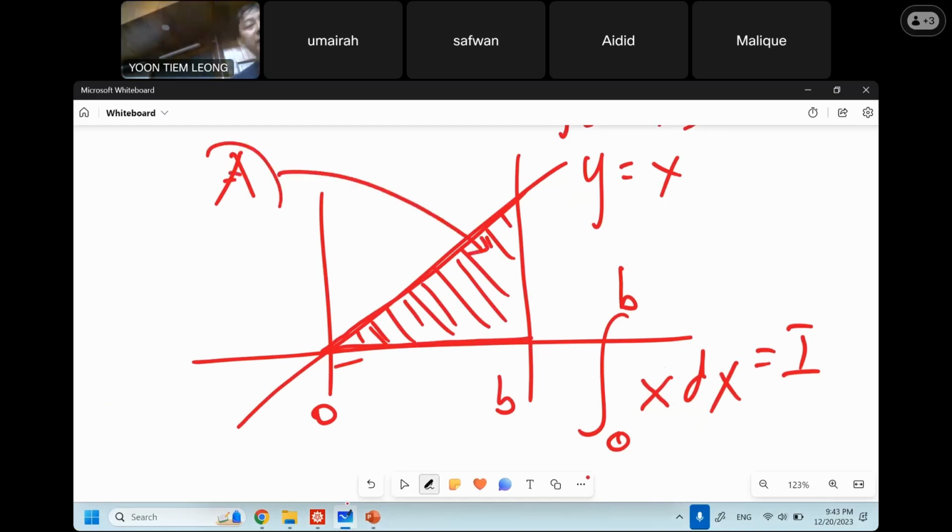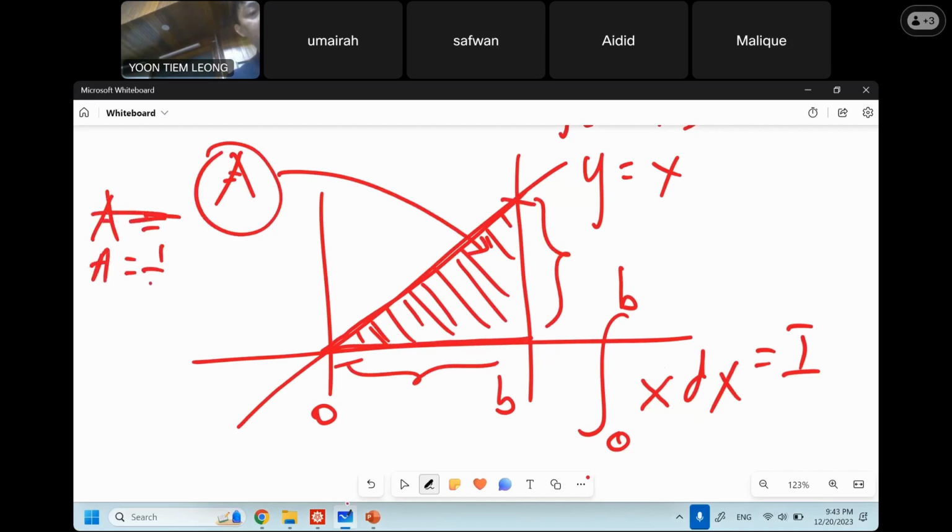You can easily calculate the area of the triangle using the geometry you have learned in secondary school. It is equal to half times the height of the triangle multiplied with the base of the triangle. So the area A is half times the height, which is b.